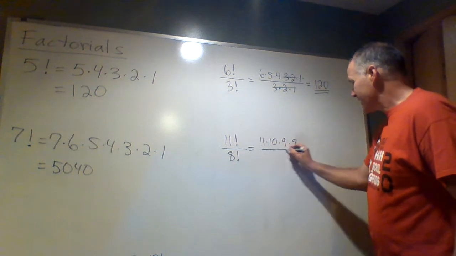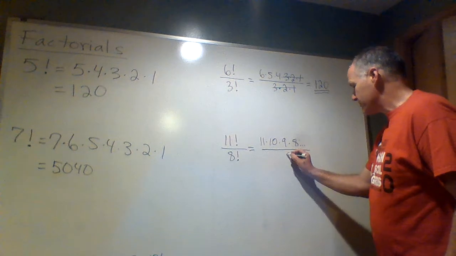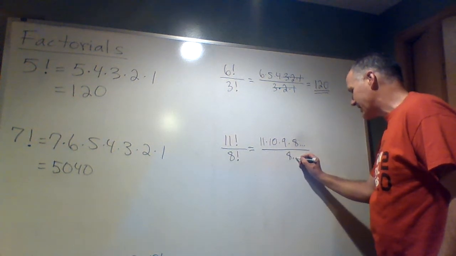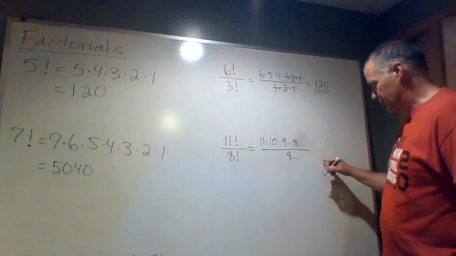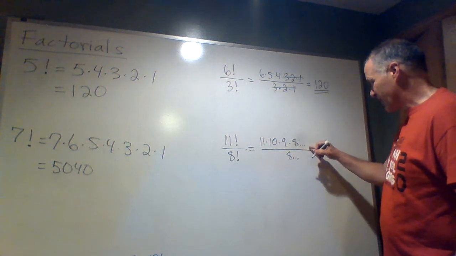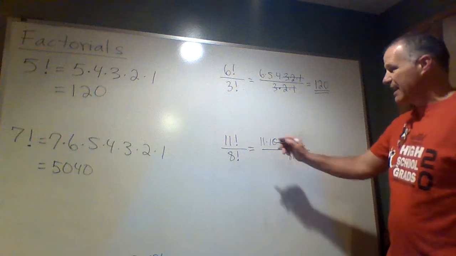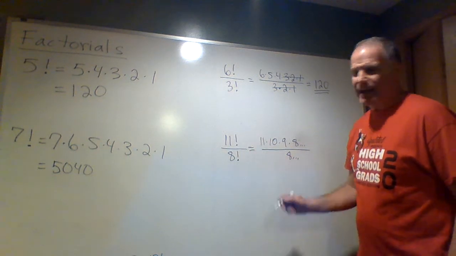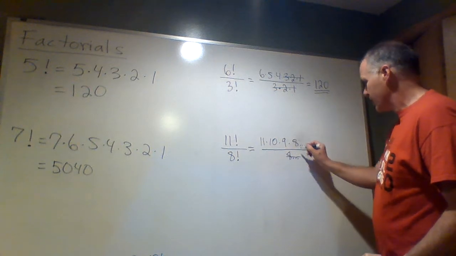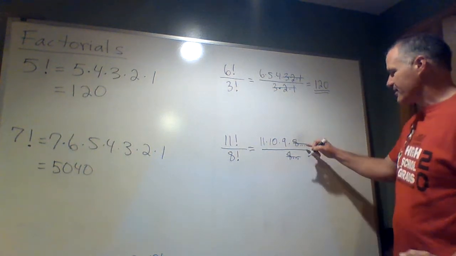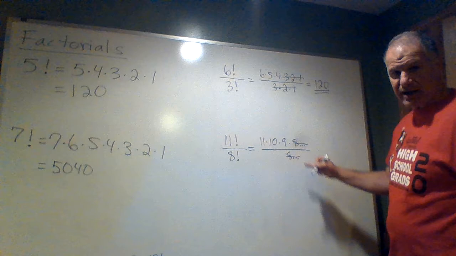So what's nice, guys, is this 8 on the bottom is going to be 8, 7, 6, 5, 4, 3, 2, 1. So because I see this fraction, I don't need to write out all those numbers because I know that the 8 here is going to cross off with the 8 there because those are matching factorials.